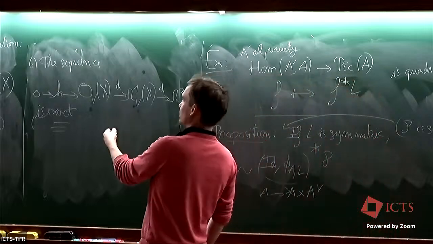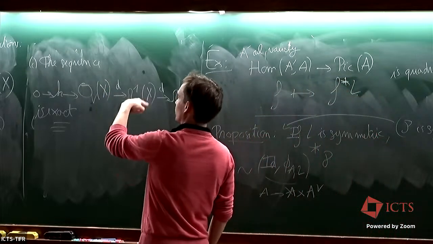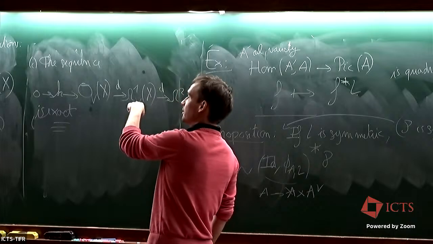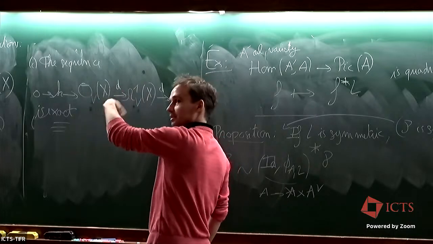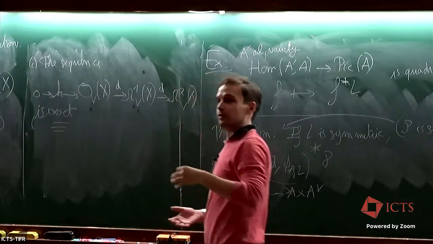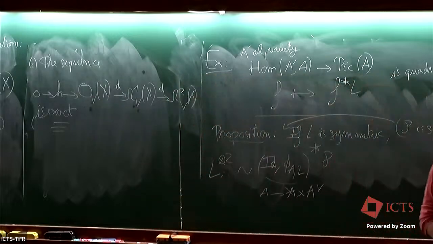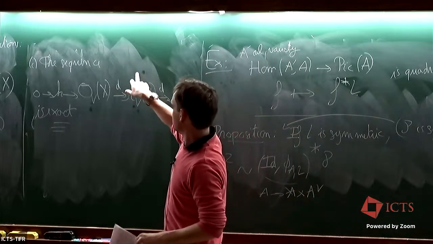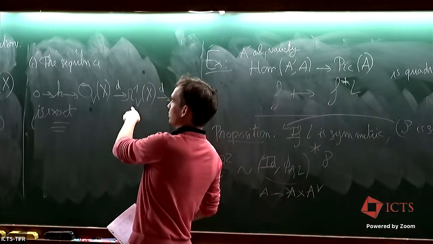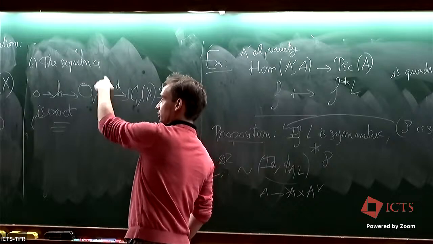And as you can imagine, you start with the primitives of omega 1x, and then you get some more functions. You add these functions, and then you get some more, and you primitive again. And so it's sort of a limit process at the end. Sorry? Oh yeah, here, if you start with an ordinary one form here, this allows you to integrate it and find a primitive here.